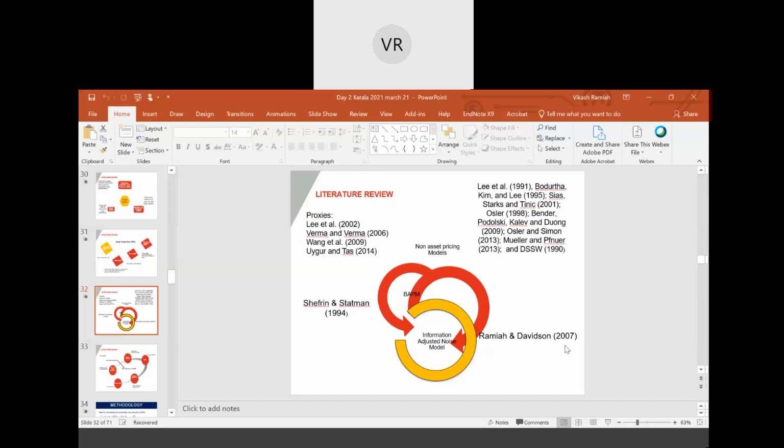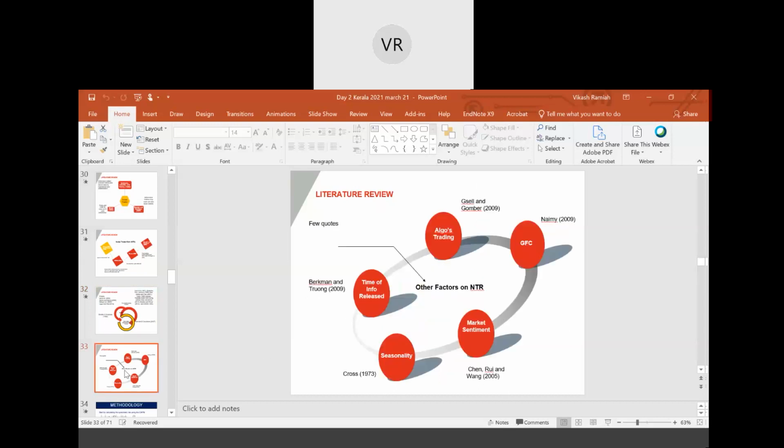So as we're doing this lecture, on the left-hand side, Lee et al., Verma and Verma, etc. These are the people using a sentiment index. Now, let me pause a minute and talk about the sentiment index. Market sentiment. If you look at your CAPM, it assumes that you take your return from a market, from the ASX 500, from the S&P 500, which is what we use as a proxy for the market portfolio. Lovely. But that assumes that all the traders are informed.